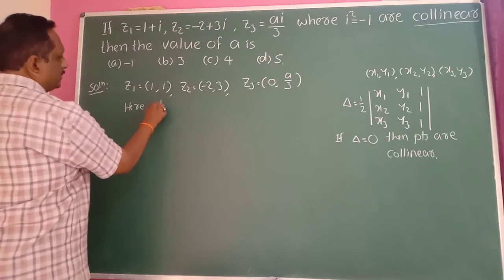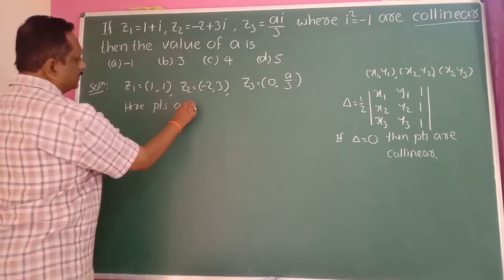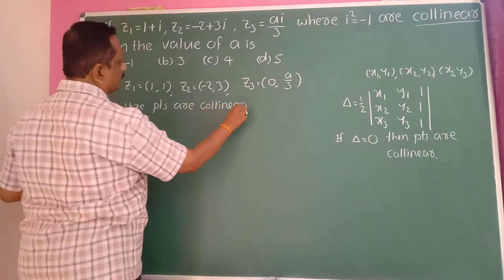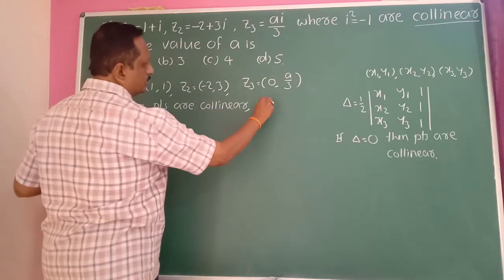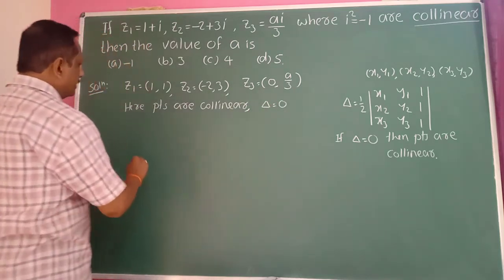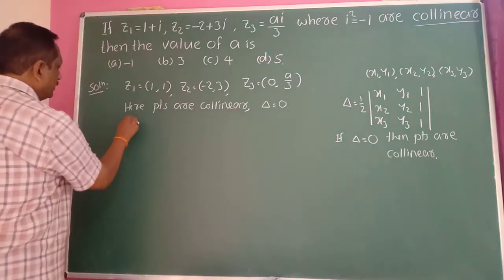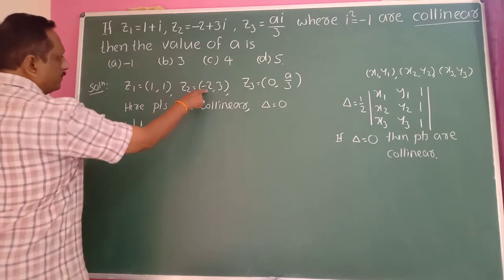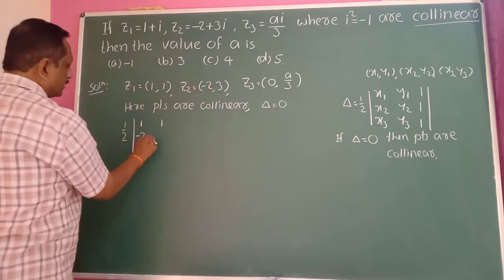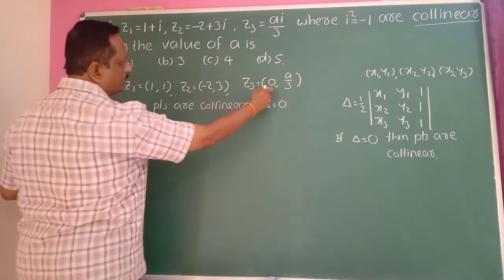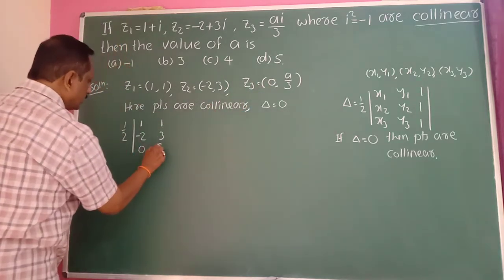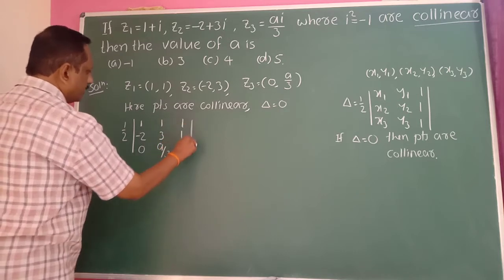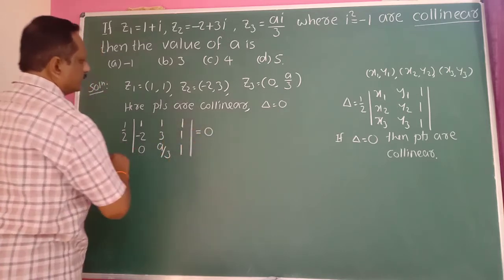Delta is equal to 1 upon 2 into the determinant of rows 1, 1, 1; -2, 3, 1; 0, a upon 3, 1. That is equal to 0.